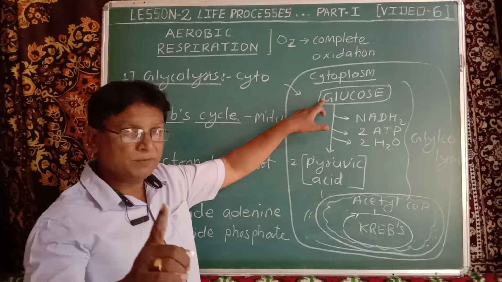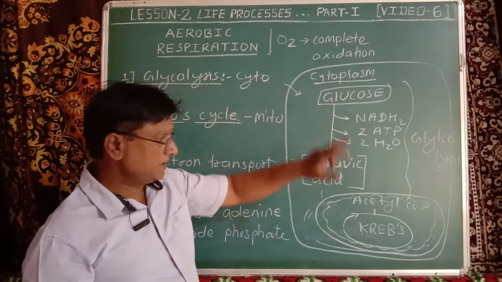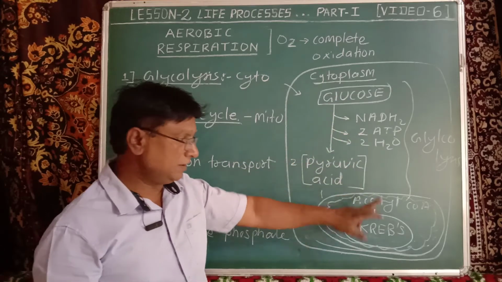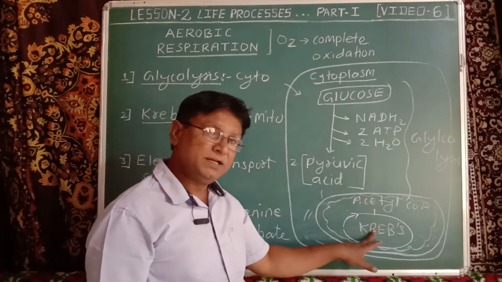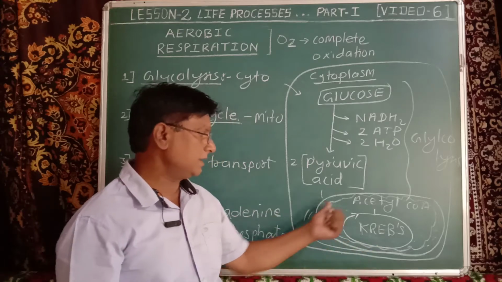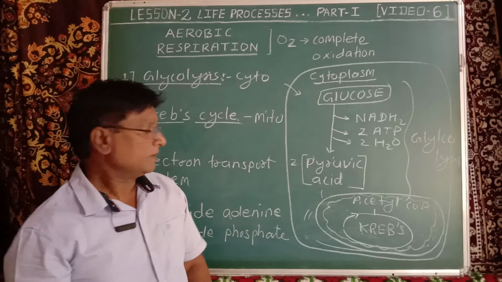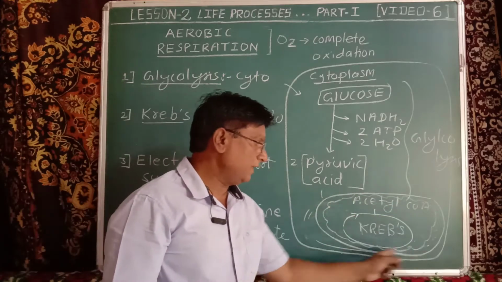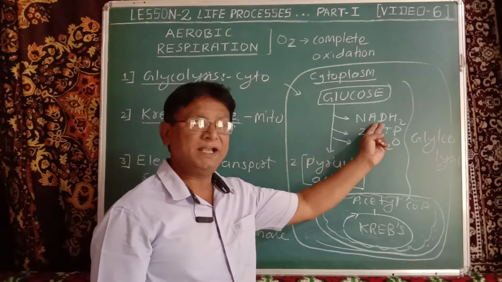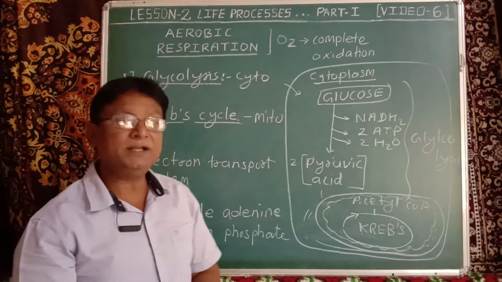From one glucose molecule, glycolysis takes place, acetylation means acetyl CoA is formed, Krebs cycle is run, and electron transport system follows. After the end of electron transport system, all these energy molecules get converted into ATP.